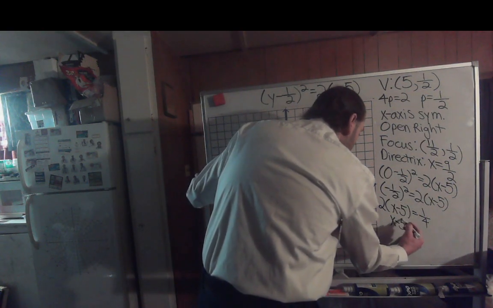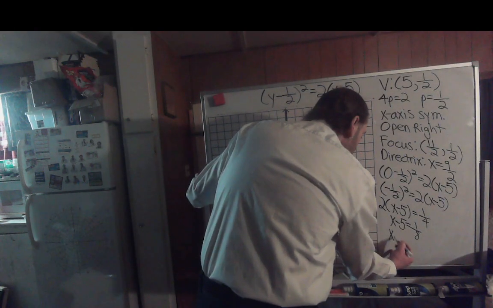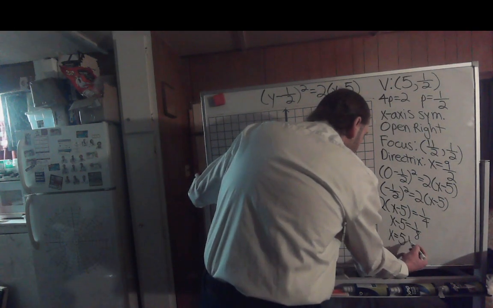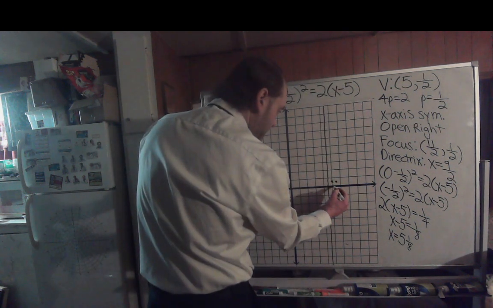So then 2 times x minus 5 would equal 1/4, which means x minus 5 equals 1/8, which gives you that x equals 5 1/8. So at roughly 5 1/8 here is where y equals 0.